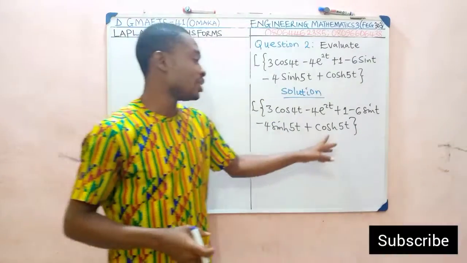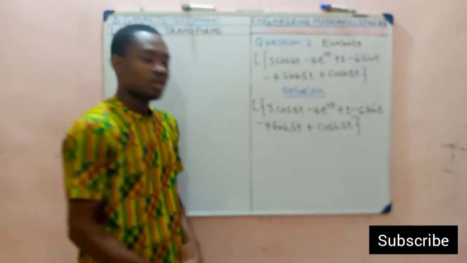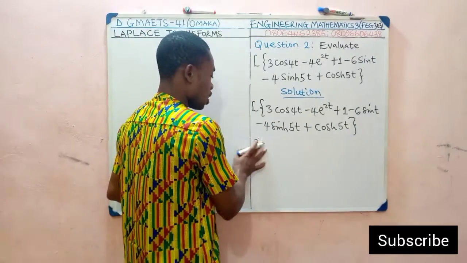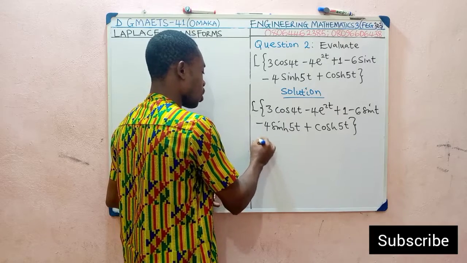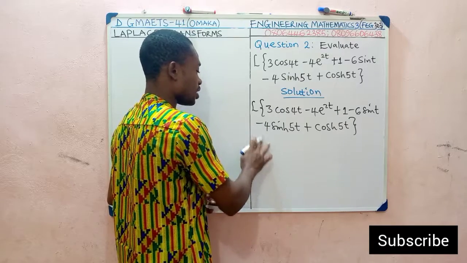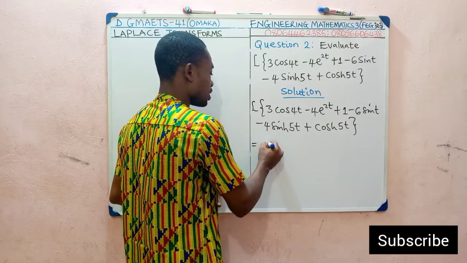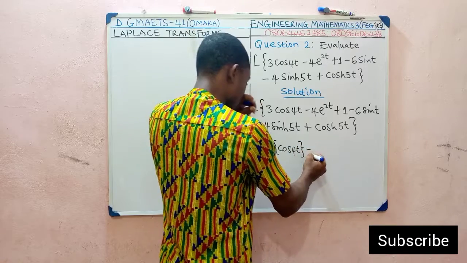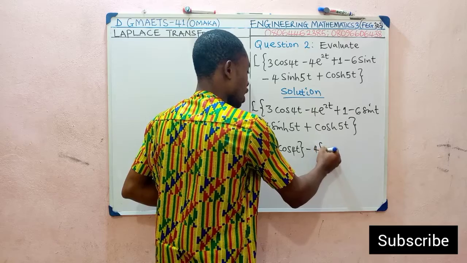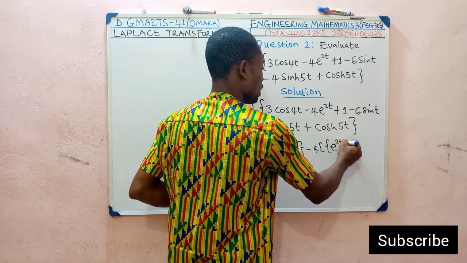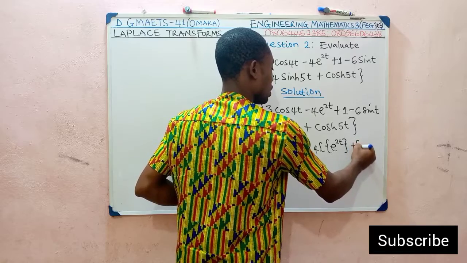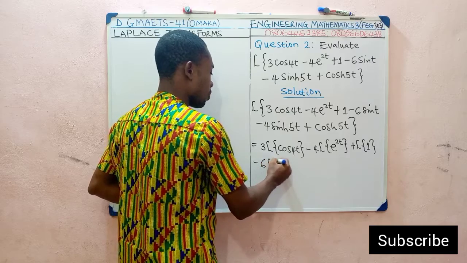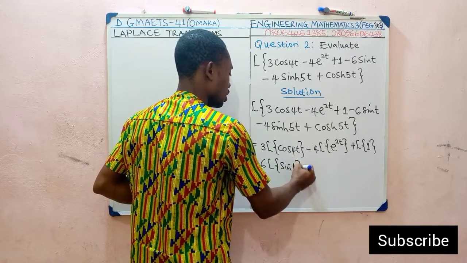I have sine and cos. Is that okay? There is nothing wrong with recalling their standard Laplace transforms. Before then, we know that this is going to be equal to 3 times Laplace of cos 4t, then minus 4 times Laplace of exponential 2t, then plus Laplace of 1 minus 6 times Laplace of sine t, right?